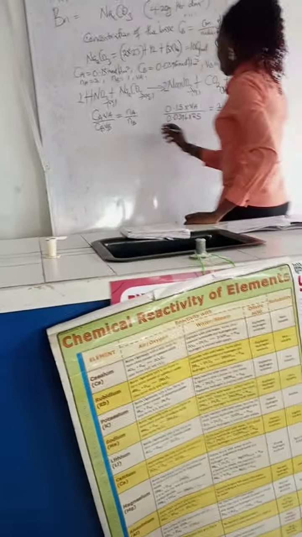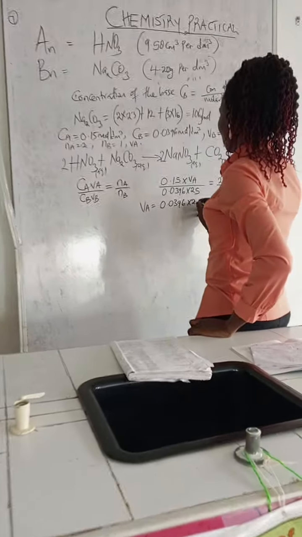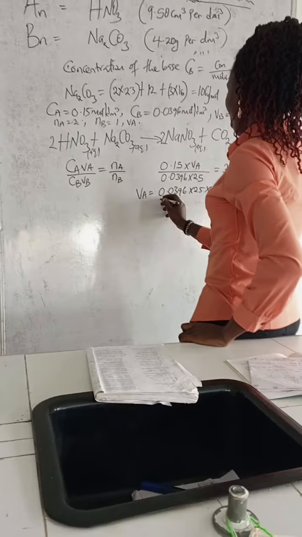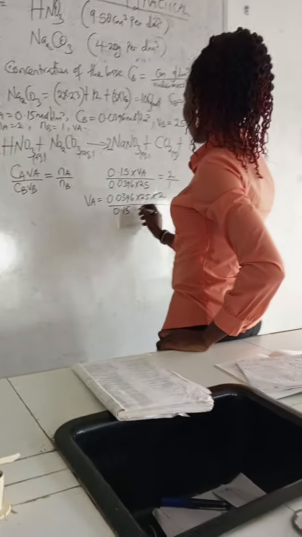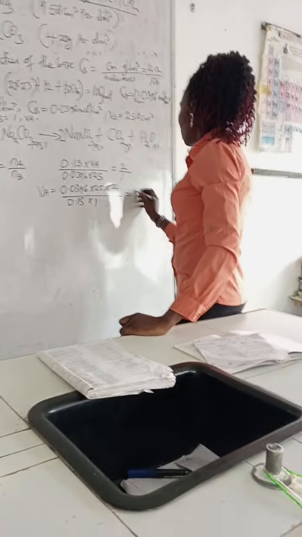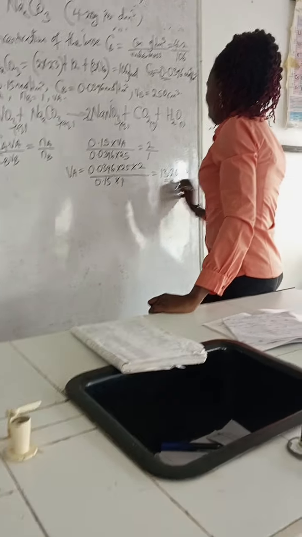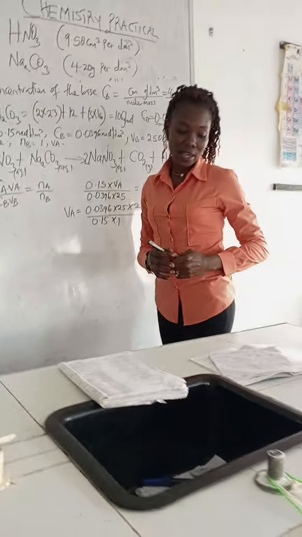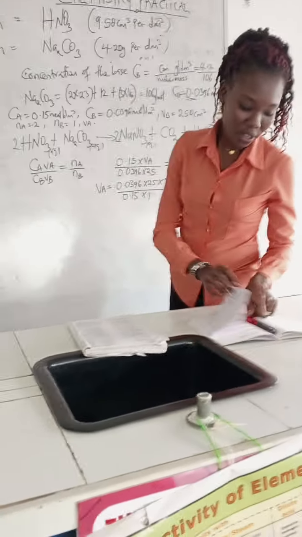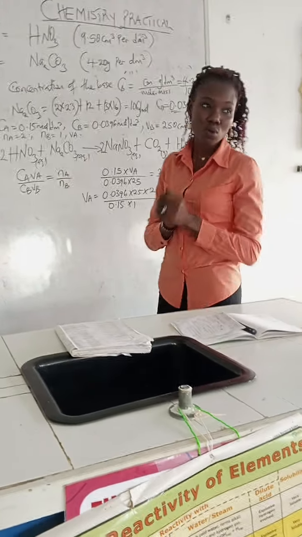So when we cross multiply, our VA will be 0.0396 times 25 times 2 over 0.15 times 1. And that will give you about 13.20 centimeter cube. So what we are expecting here is 13.20 centimeter cube at most.